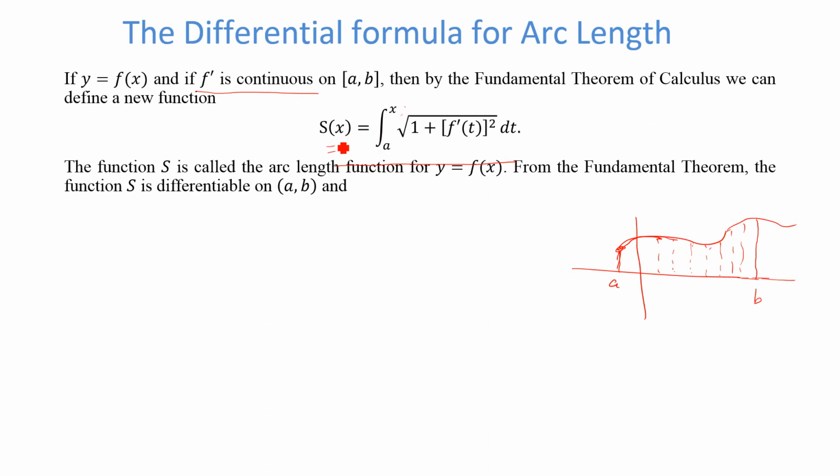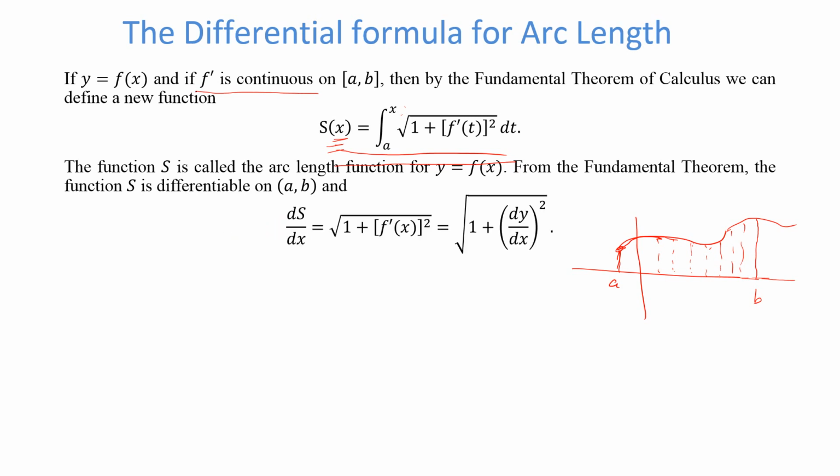By changing the values, we can find the lengths of the arcs. Okay, so if we differentiate this, by the fundamental theorem of calculus, the derivative of this integral is going to be the square root of 1 plus f prime(x) squared, right? The upper limit is x, so we are just going to replace t by x.